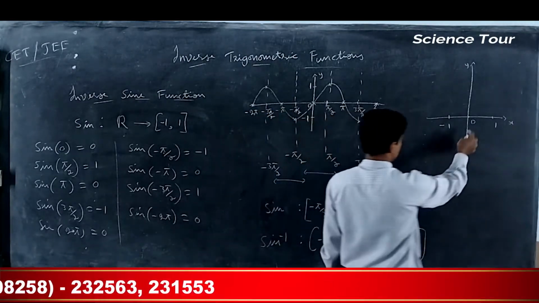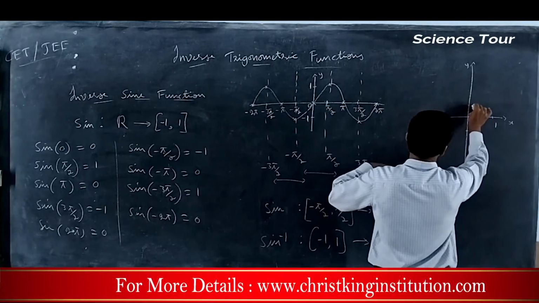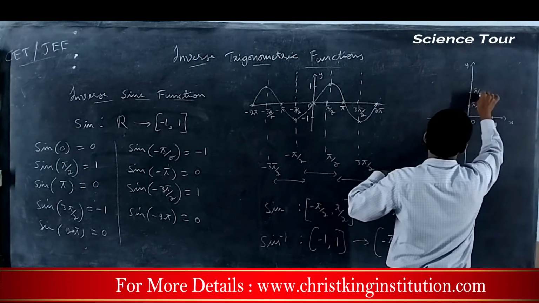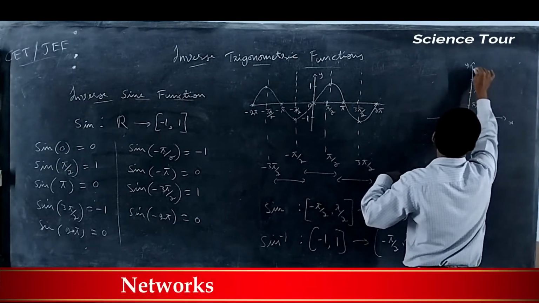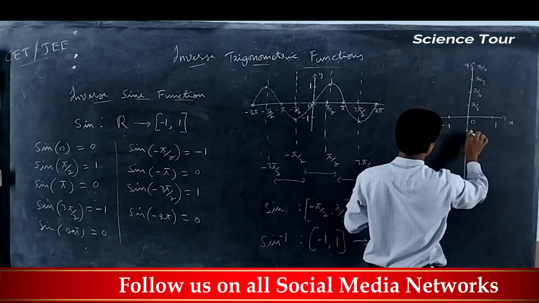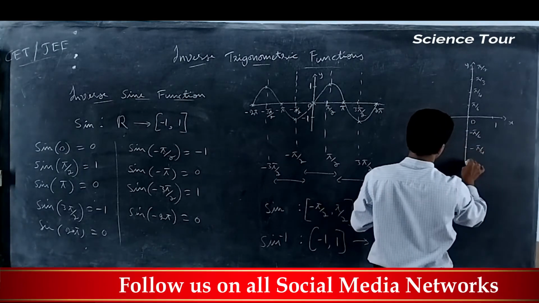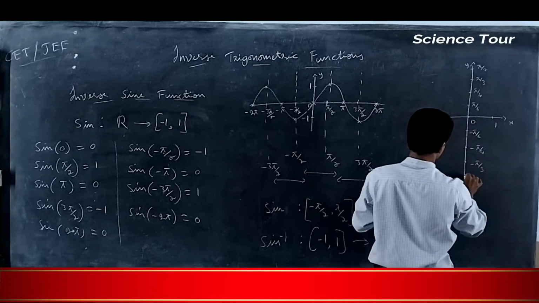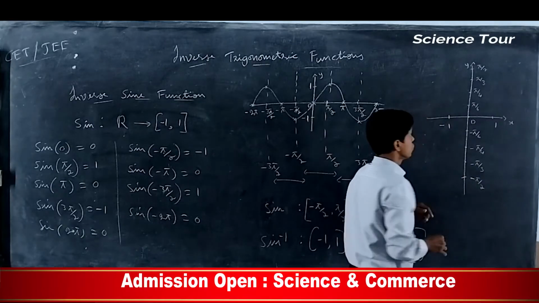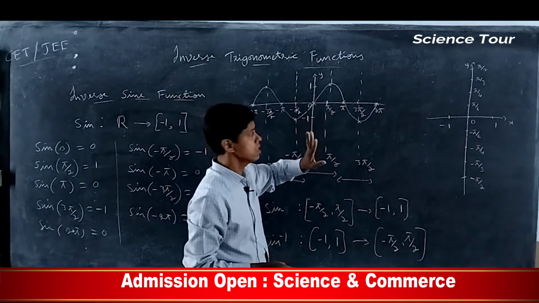Alright, so you have 0, and if you want, I'll write pi by 6, pi by 4, pi by 3, pi by 2. Okay, so similarly here, minus pi by 6 and minus pi by 4, minus pi by 3 and minus 90. Okay, so you have values only from minus 90 to 90 in sine inverse.